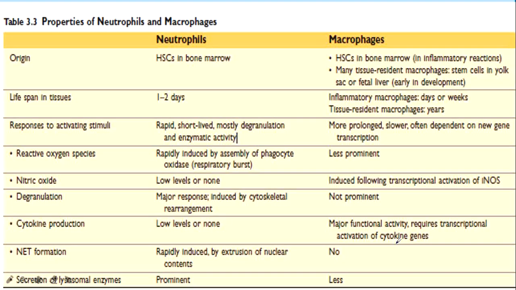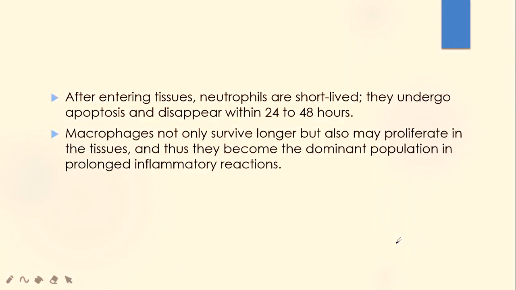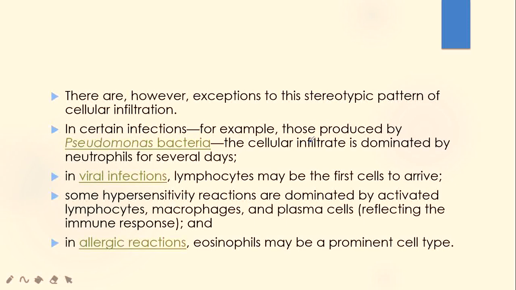I have already explained the differences between neutrophils and macrophages in the previous lecture. After entering the tissue, the neutrophils are short-lived. They undergo apoptosis and disappear within 48 hours. Macrophages survive for a longer time, and they can become the predominant population during the prolonged inflammatory reaction.